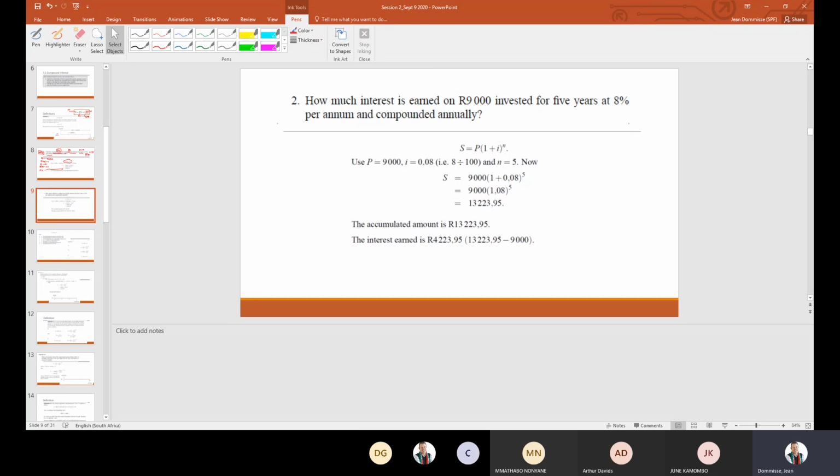I nearly want to say if you can avoid doing it manually, please try to avoid it. It's not that you will make a mistake using the formula, because you can just substitute, but it is so much easier and so much quicker to do it with a calculator.